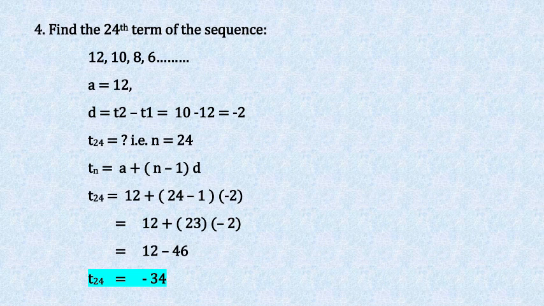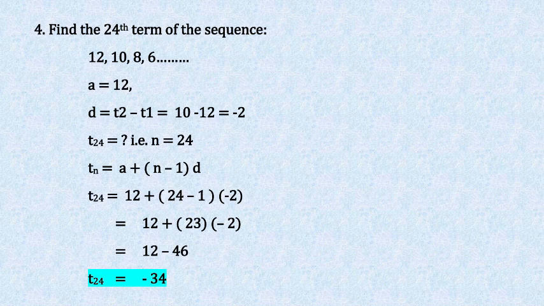So if the question asks for the 24th term, and does not mention whether the given sequence is arithmetic progression or geometric progression, before we proceed with the solution, we need to cross check whether the given sequence is in AP or in GP.